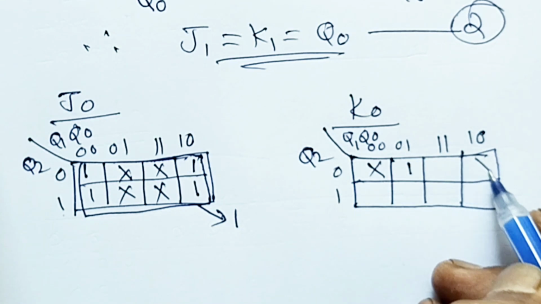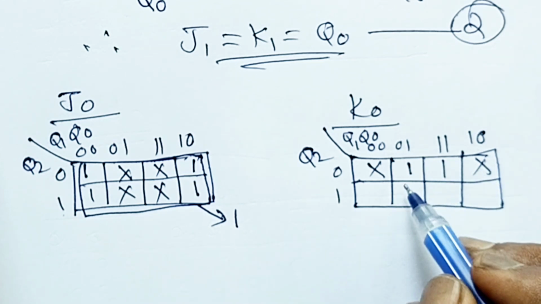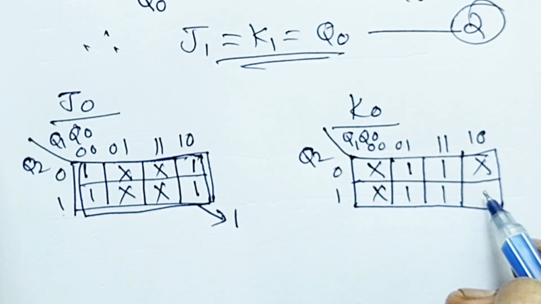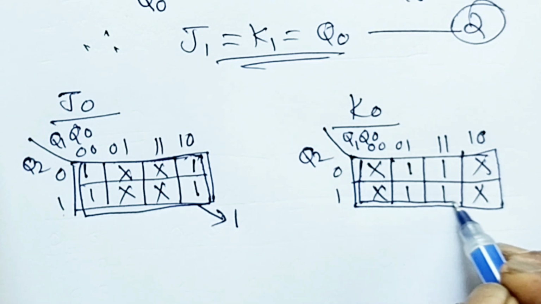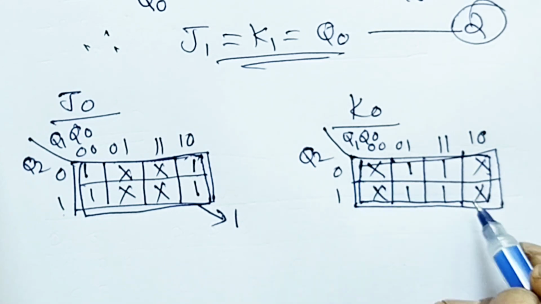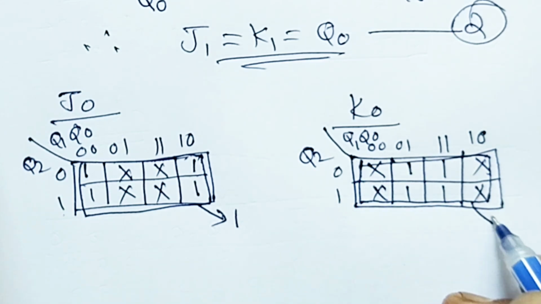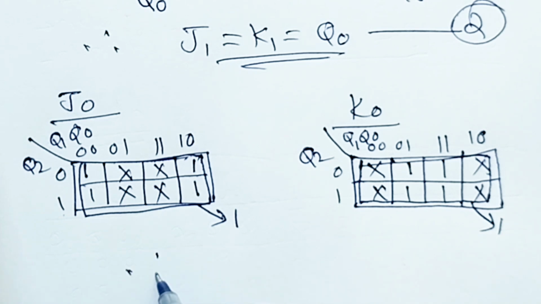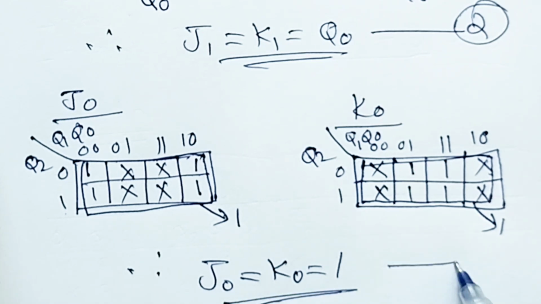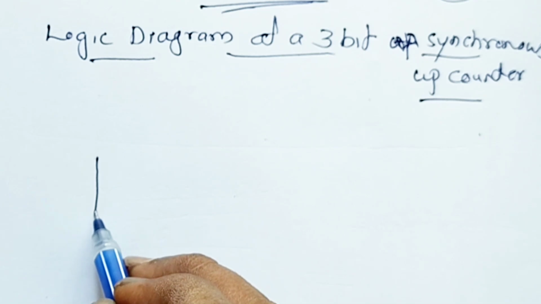So again ones and x only, don't care terms only. So it's filled completely with either 1 or x, so the result is again 1. So here we can conclude that our expression is J0 equal to K0 equal to 1. We now have all the expressions, 6 expressions for 3 flip-flops.